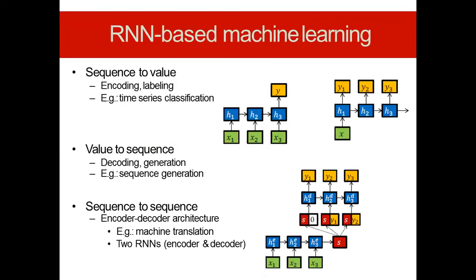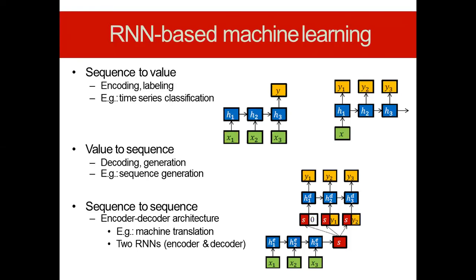There are three types of recurrent neural networks. One is called sequence to value, which means the input is a sequence and the output is a scalar. Sentence classification, for example, would be such a case. The input is a sentence, a sequence of words, and the output is a label, for example, whether the sentiment of the sentence is positive or negative.